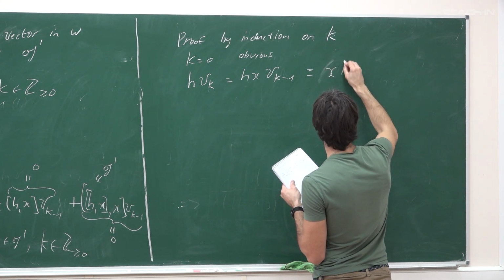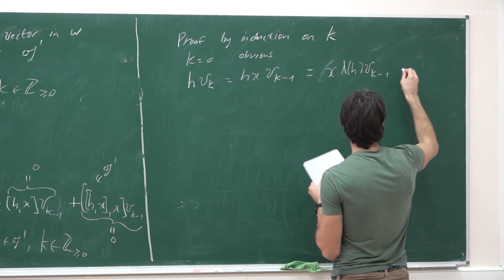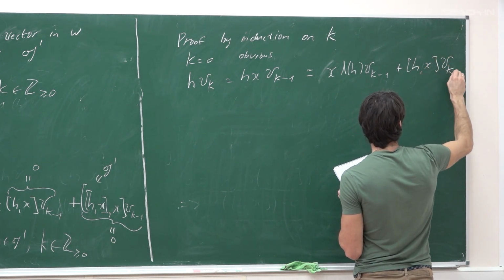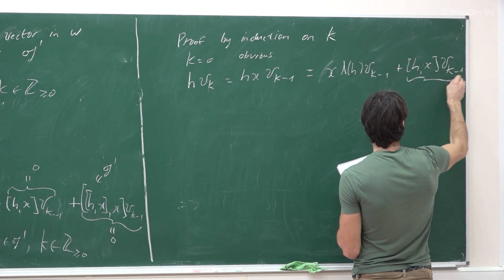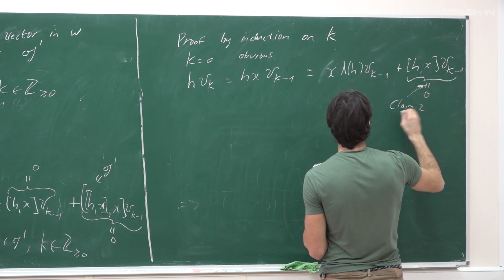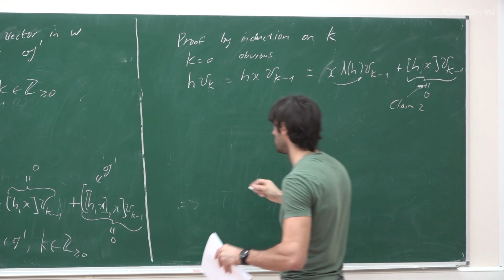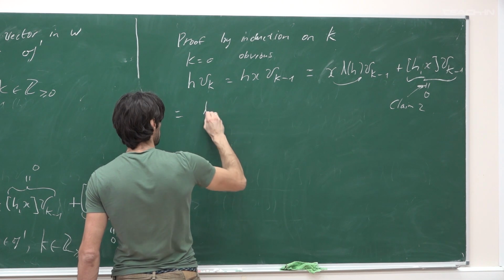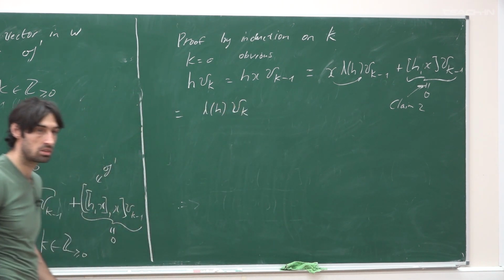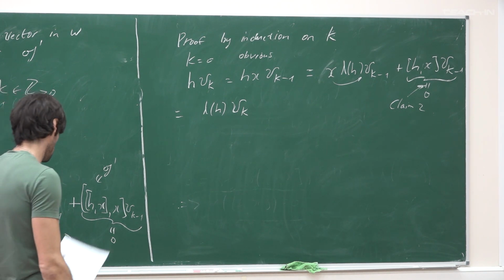So H lambda of H Vk minus 1, and then the commutator. So this is 0 by claim 2. And then x goes through, hits Vk minus 1, we get Vk. So it's just lambda of H Vk. So we're done.